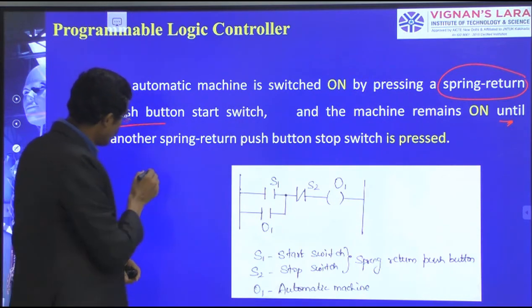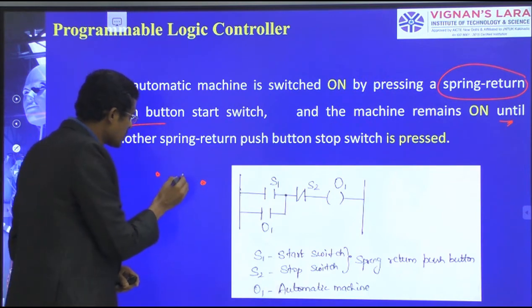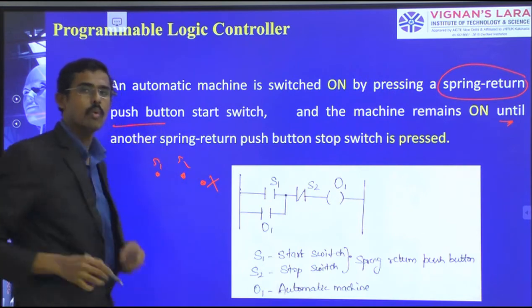What do I have to do? I press one, the motor is activated, and I want to press one more switch again. This is S2. This motor should terminate. What am I doing?